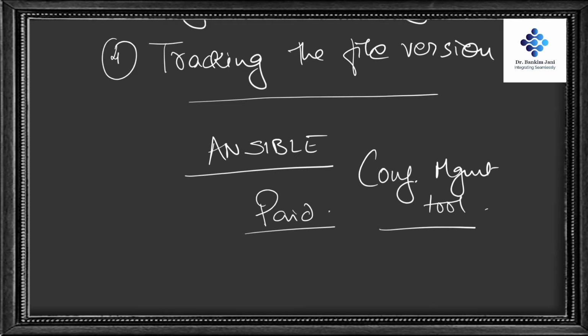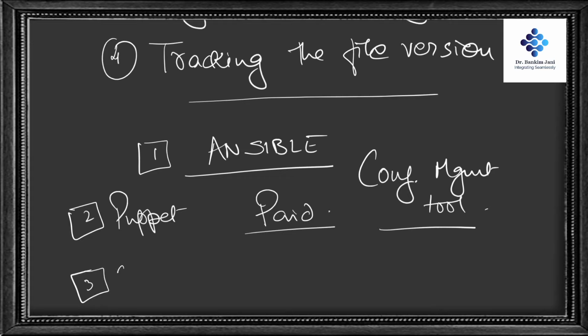There is a charge associated with that. Ansible, Puppet, and Chef. Honestly, these three are names of companies.